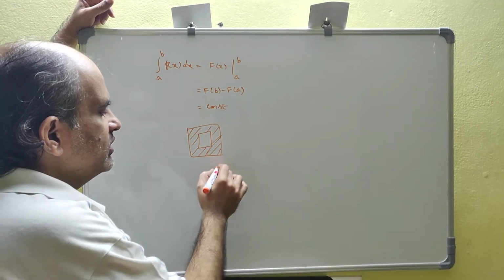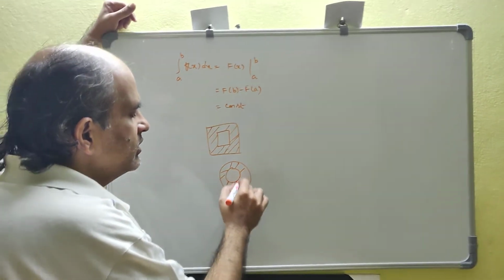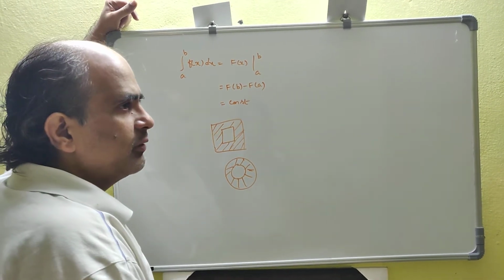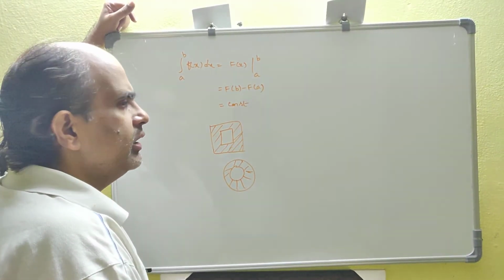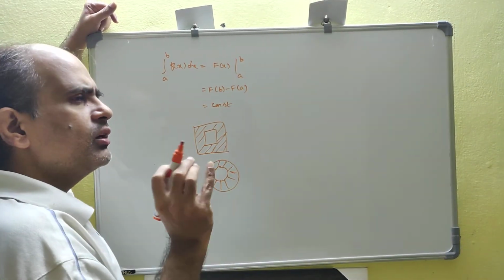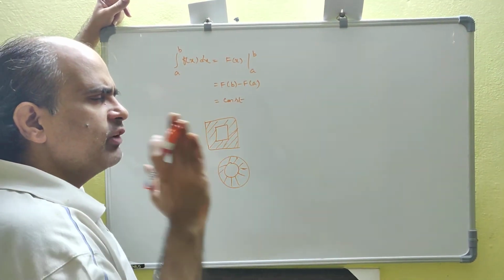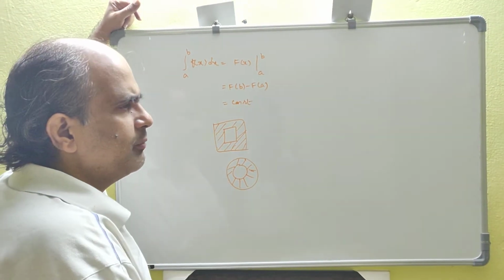Or you have a circular ring, find the area of the ring. All these sorts of problems you might have done. The point is, they are geometrical shapes, therefore we have specific formulas to calculate the area.